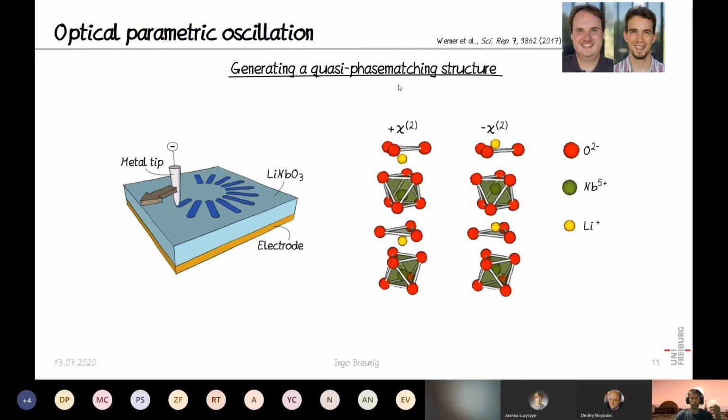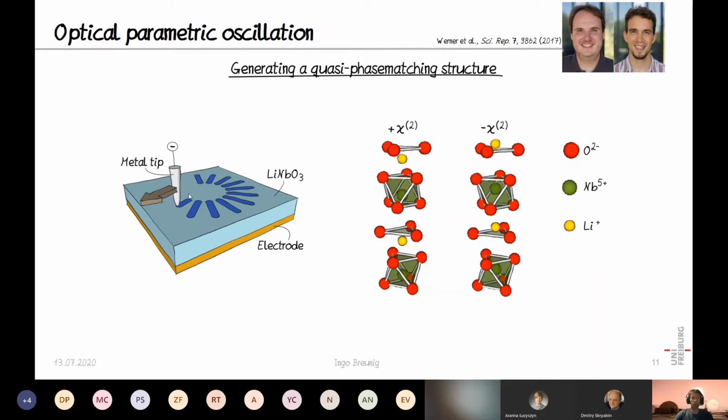If you have a negatively charged tip on top here, then you will pull the lithium into the second stable position, which is above this oxygen plane, with the niobium on the higher side in this octahedron, right? So you invert the structure where you have the charged metal tip.